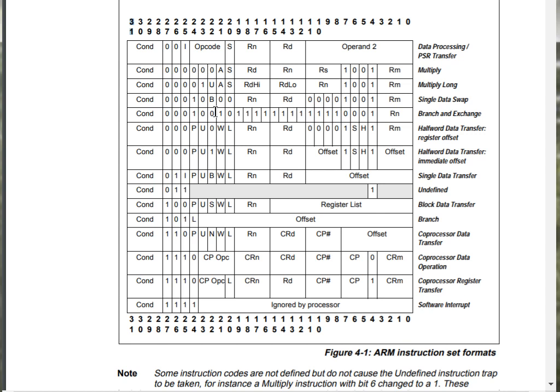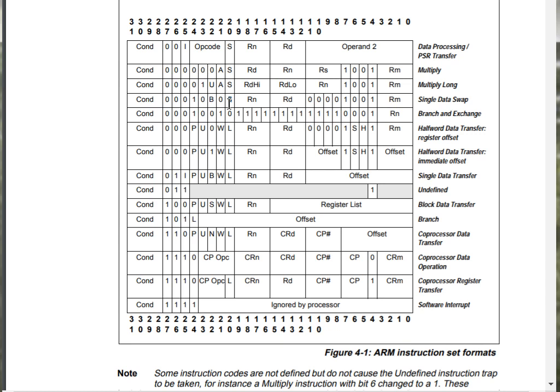Some of the bits are fixed. For instance, the 0, 0 here in bits 26 and 27 in data processing are an example. For another example, we have the 1, 0, 0 here in a block data transfer, etc. But most of these form bit fields, indicating things like source or target registers, operands, or just single option flags of one bit only, like S and A and B in here.